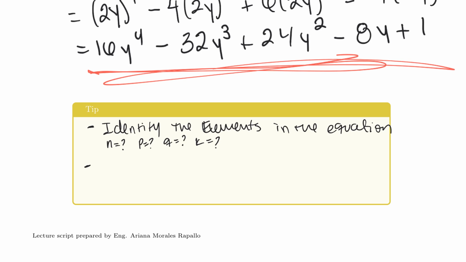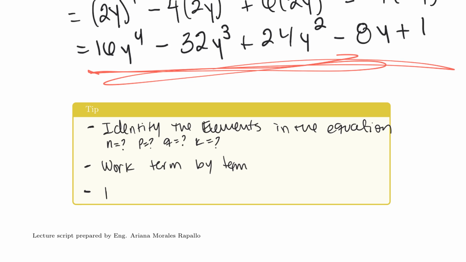Then after you have identified all these elements, work term by term. Otherwise you will get super confused and you will not know how to solve it, or if you made a mistake, it will be super difficult to identify where the mistake is.